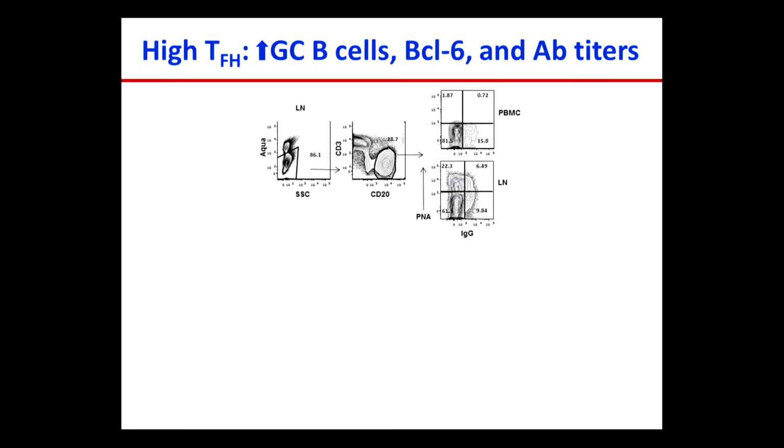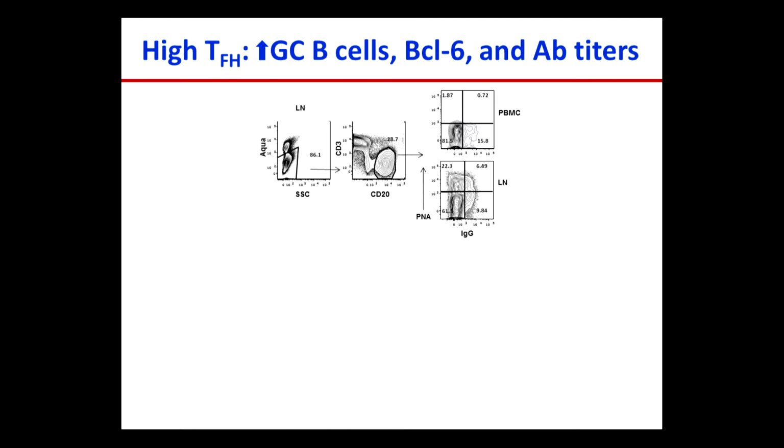So with these increased germinal centers, what's happening to the B cells? When we looked, we said, let's look for antigen-specific B cells within the germinal centers. The way you can look at that is for B cells that bind peanut agglutinin. As shown here, you only find those cells in lymph nodes. You don't find them in peripheral blood.